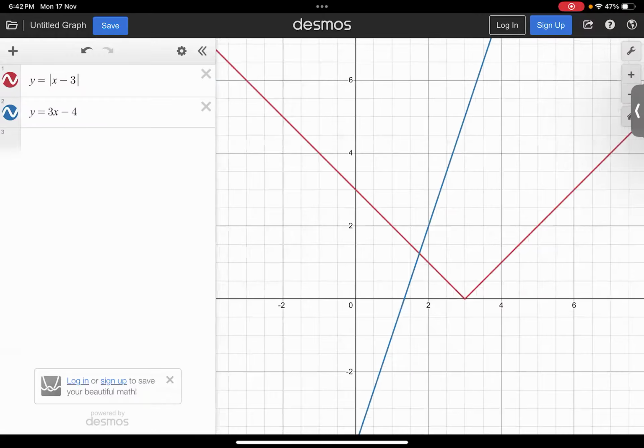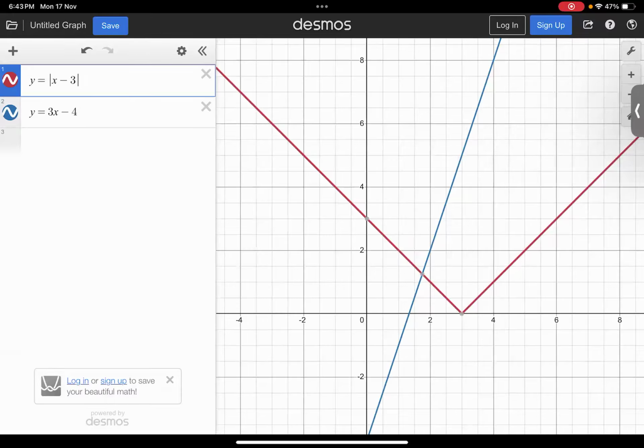Okay, so this red one is basically the modulus function. And this point where the red graph and the blue graph, which means the two inequalities, because in the question they just equate the two things, right? I just put it in separate equations. So the two graphs intersect at this point, 1.75 comma 1.25.